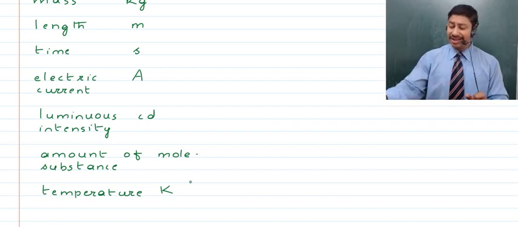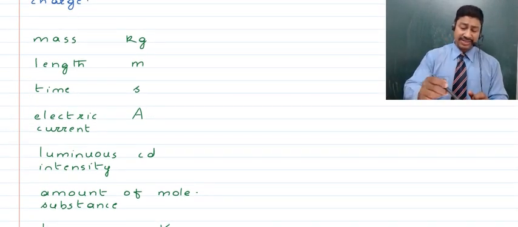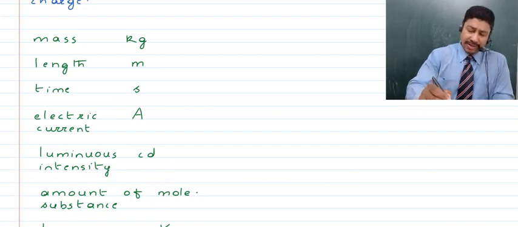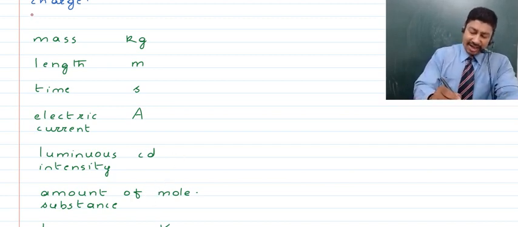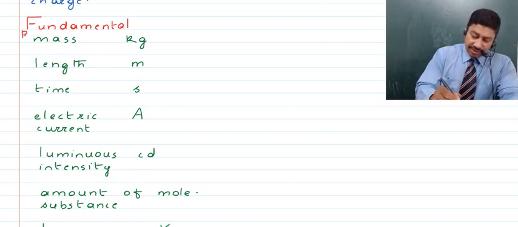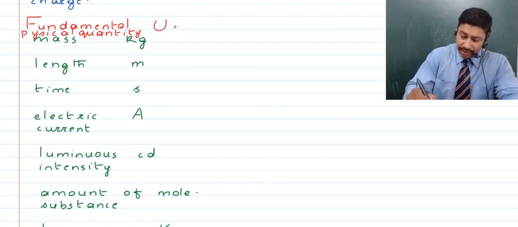Okay, so these are the normal physical quantities, which are the fundamental physical quantities, and their units are the fundamental units. Okay, so here, children, I will write that these are the fundamental physical quantities, and obviously their units will become what?